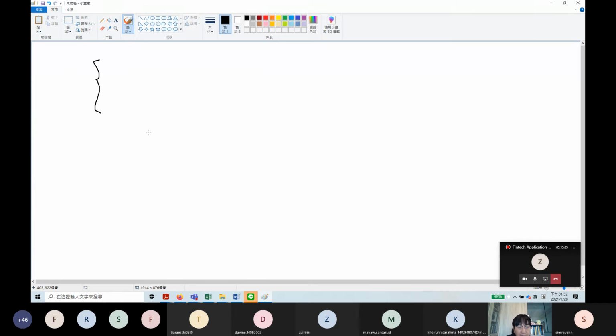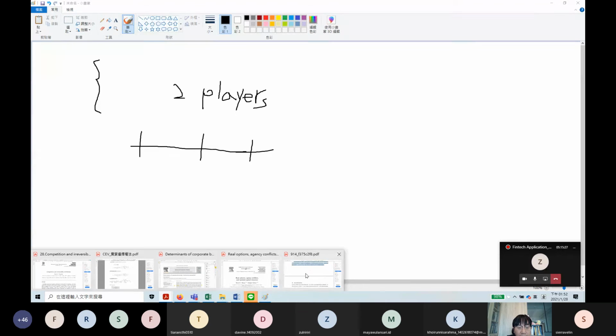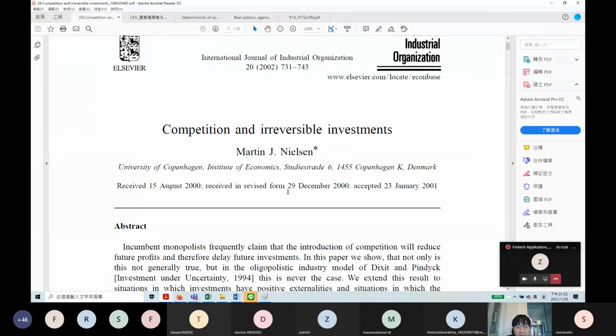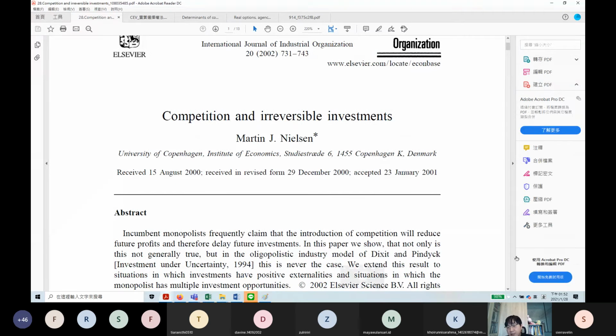The authors suppose there are two players. I opened it, this one, the paper. Two players.